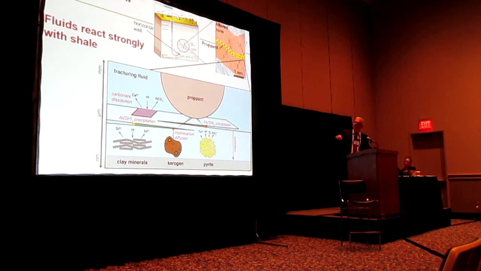In our chart here, we can see that calcium bicarbonate is coming out of solution in the fracturing fluid, on the far left-hand side of this diagram. So calcite is dissolving, basically.